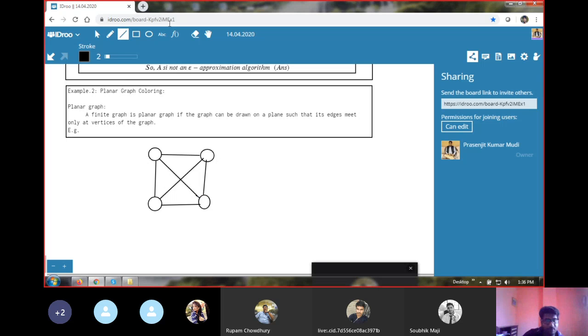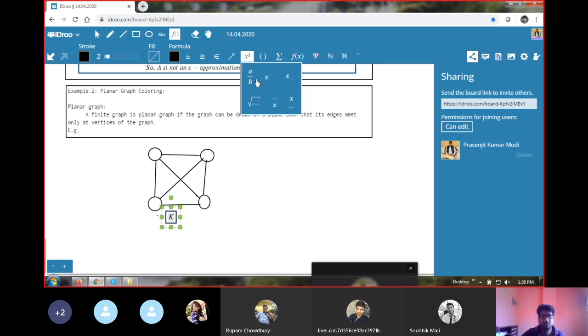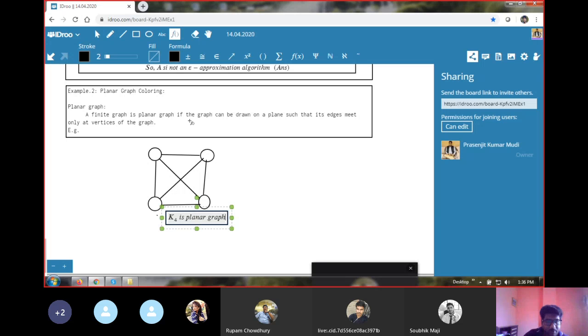Okay, so this is a K4 complete graph. Is it a planar graph? Because why? Because can we draw such a graph on a single plane? So let's try to draw this. Okay, so we have 4 vertices.